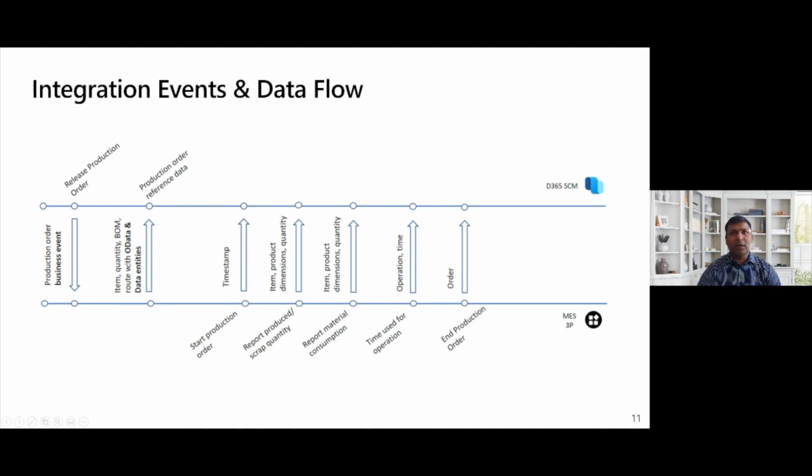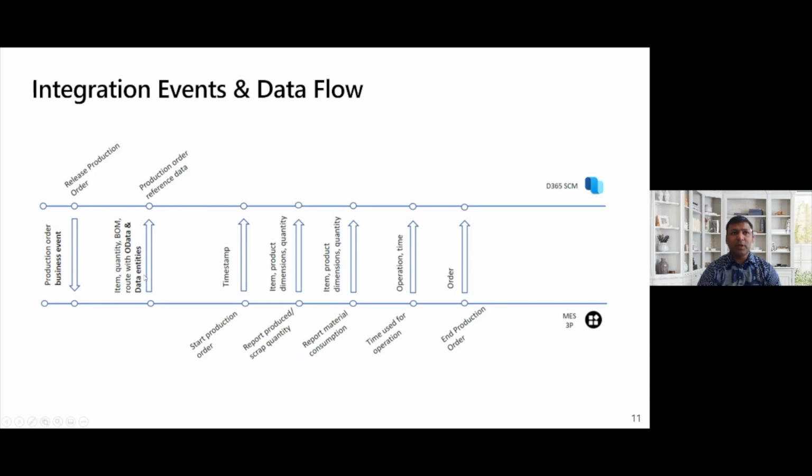For that, the MES system can either make an OData call or call the data entity and data management framework API to get the item, BOM, and route information, or any other information it may need from FNO.